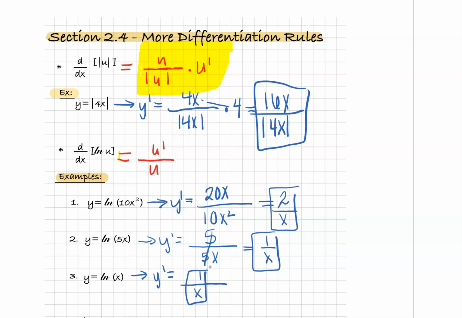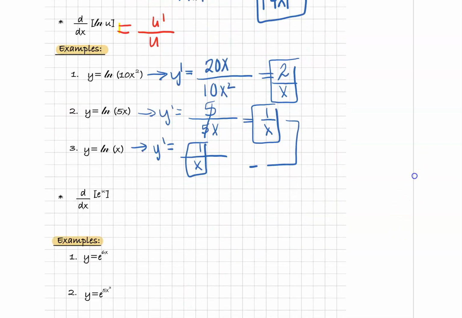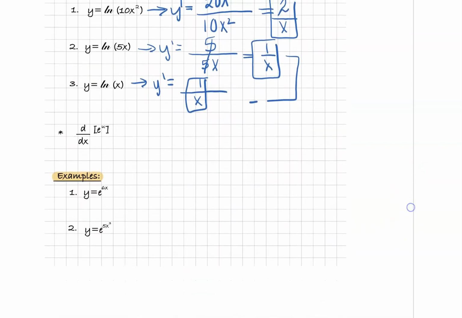So you can tell that from these two examples, if it's just an x and there are no exponents, then it turns out to always be equal to this 1 over x, because you're getting that constant, or that 5x, to cancel. So if we have a conversation about the natural log of x, that's naturally going to lead into our exponential.